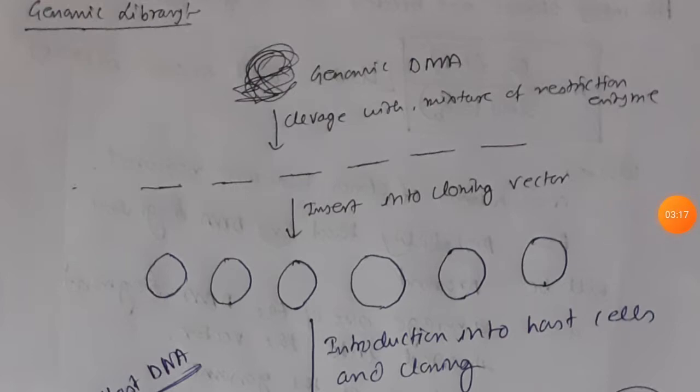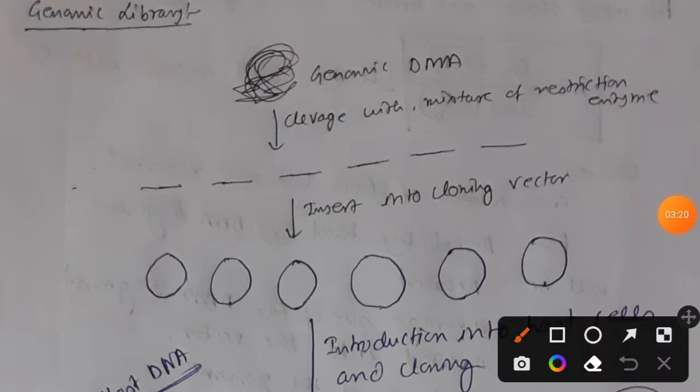So one thing is clear: we have to clone the entire genome, so that we can take a record or a collection of genes. Now the question is, can we clone the entire genome of, suppose, E. coli or any kind of higher eukaryote with one vector?